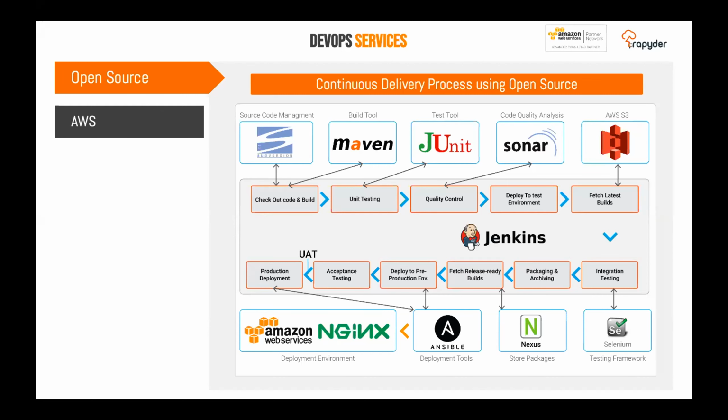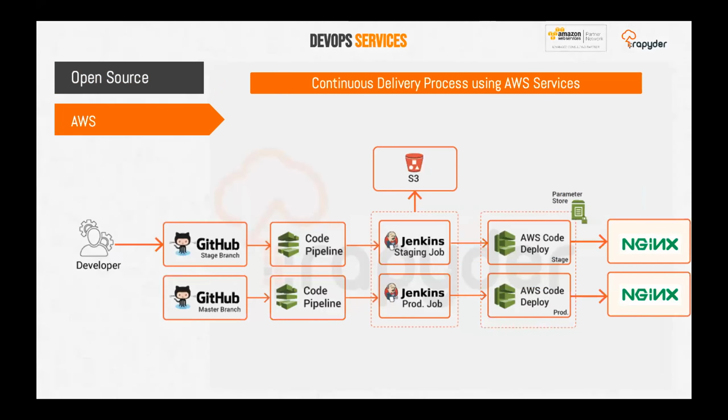You can replace it with Azure or GCP. And when it comes to AWS specific tools, there also we can use cloud specific application tools as well. Our teams have a lot of experience working on cloud native DevOps technologies and also open source technologies. Here you can see the native services like CodePipeline, CodeDeploy, CodeBuild. Those are the things that we can use, and it can deploy into NGINX as the target.